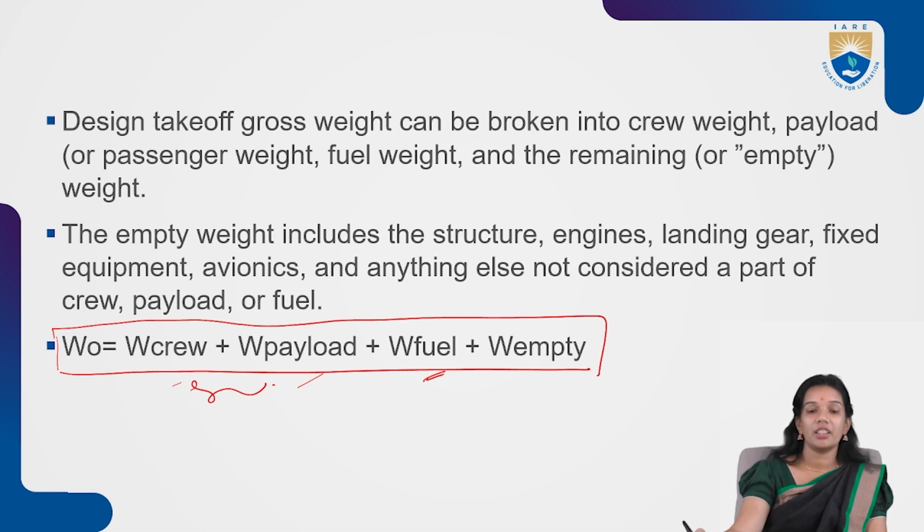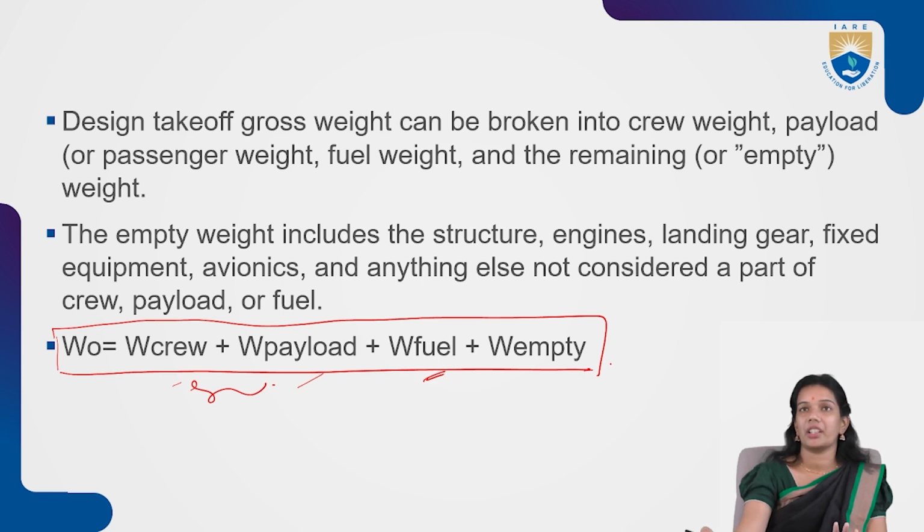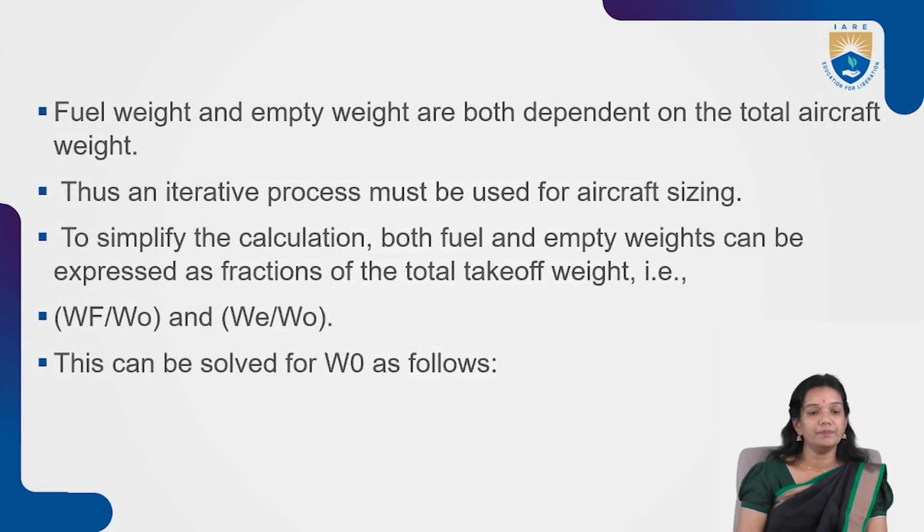All these are different parameters we need to consider when we talk about the fuel. Then the empty weight. Empty weight is like structure, materials and all. So therefore, my W naught, the total design gross weight, is the sum of crew, payload, fuel, and empty weights.